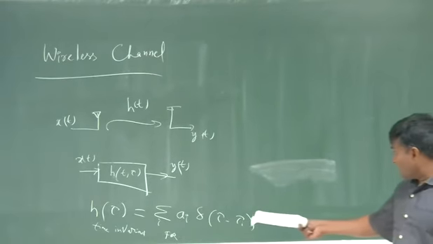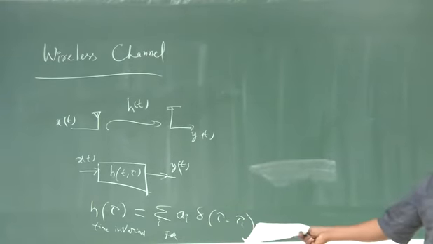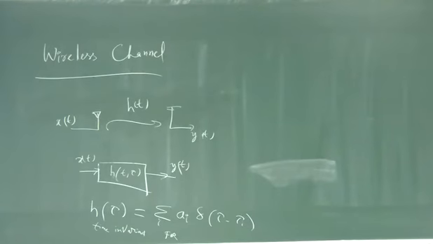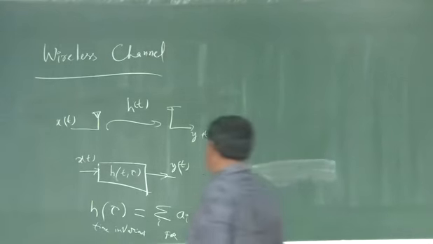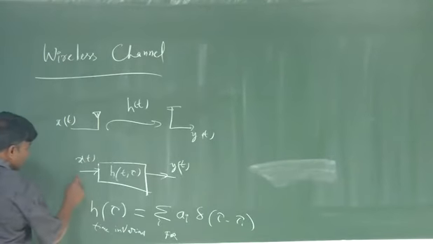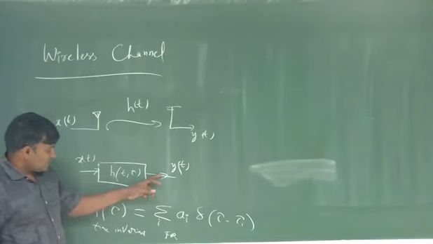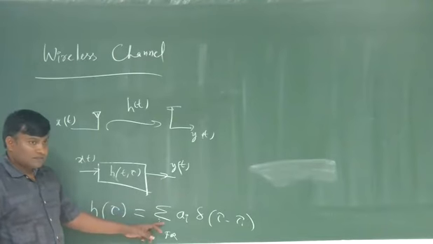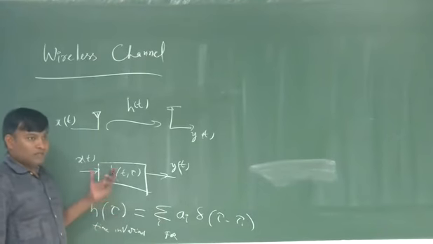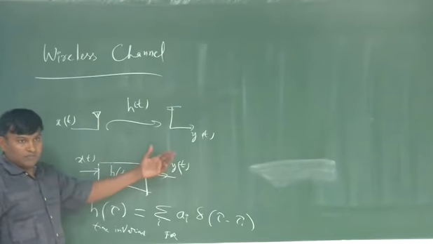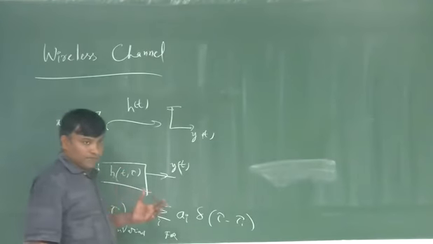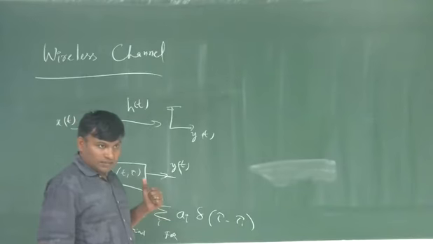So, what is the justification for this model? Well, if you send delta of t, what would you observe? You send one impulse.